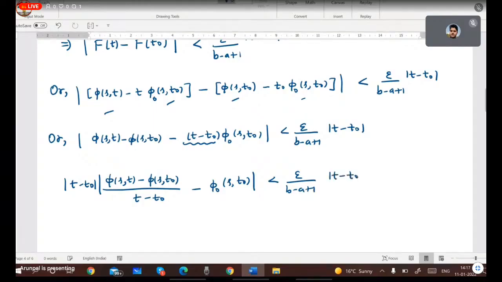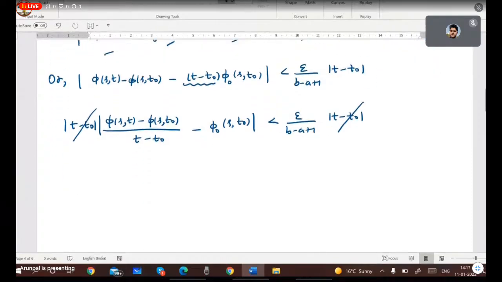Simple algebra. So class, these two will cancel out each other because t is not equal to t naught. We shall be approaching t to t naught, t is not equal to t naught. Is this okay, class? Yes, sir. So let me call it number 3.